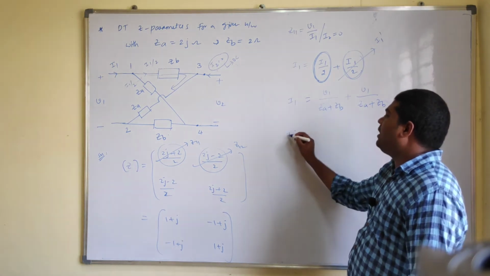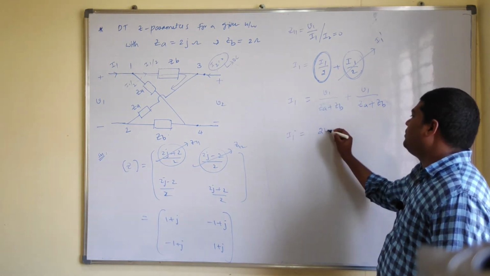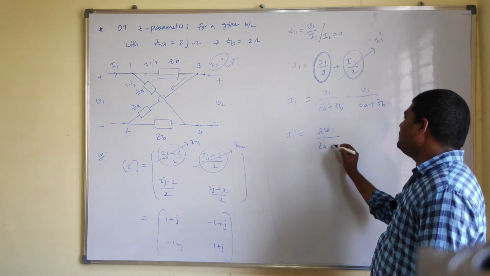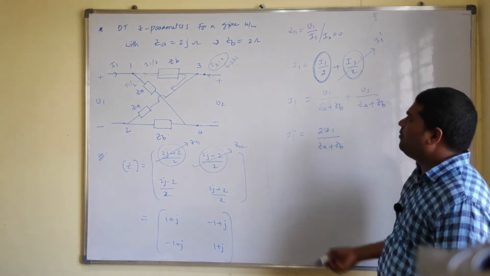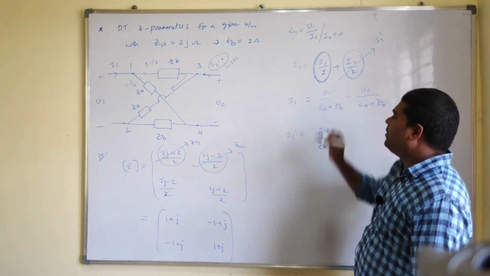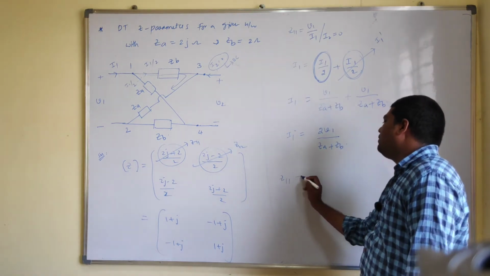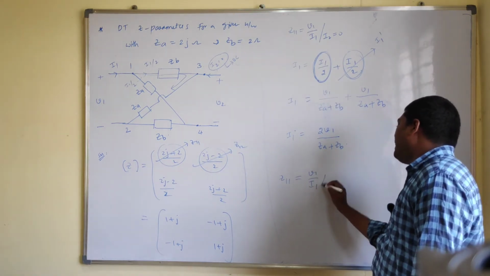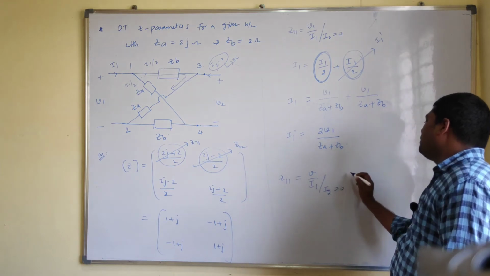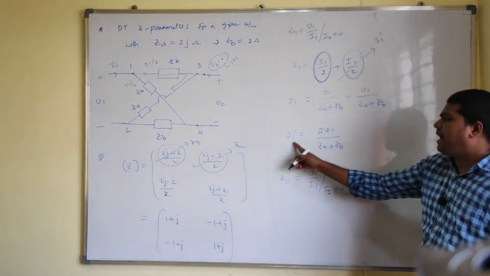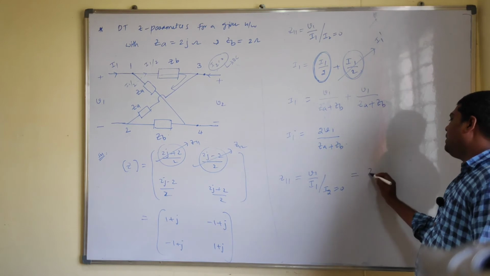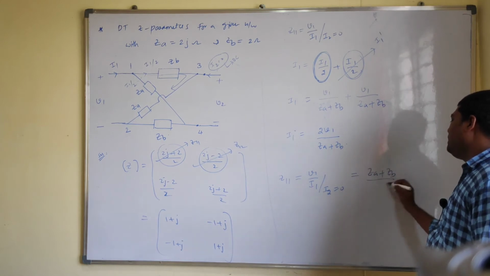This I1 equals 2 times V1 by ZA plus ZB. But we have V1 by I1. Now Z11 equals V1 by I1 only when I2 equals 0, which equals ZA plus ZB by 2.